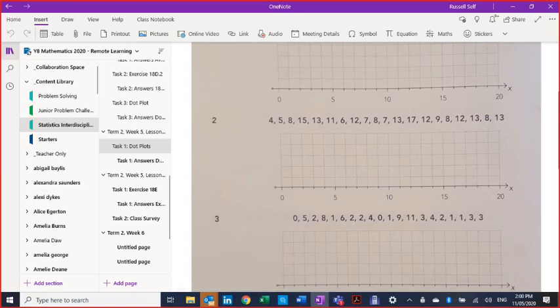So first of all, I need a scale on the side. Notice that the graph that I'm given is not very tall, is it? So if I just say that that line is 1, that line is 2, that line is 3, that line is 4, that line is 5, okay?